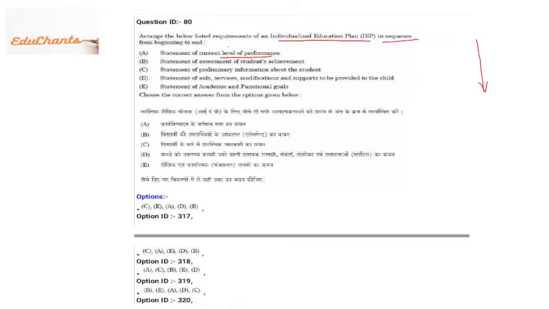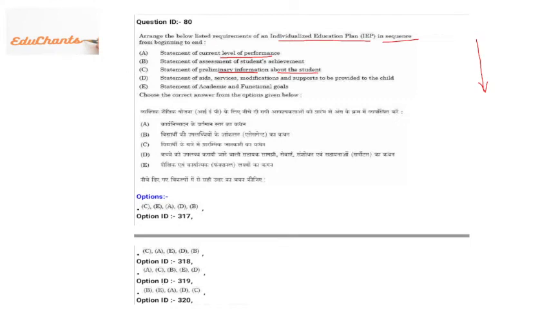Now see, whenever you are going for individualized education plan, you'll have to focus on what are the preliminary information we are having about the student. Say for example, a special student is there who is mentally retarded. If you want to deal with the student, then you have to collect some preliminary information about the student.